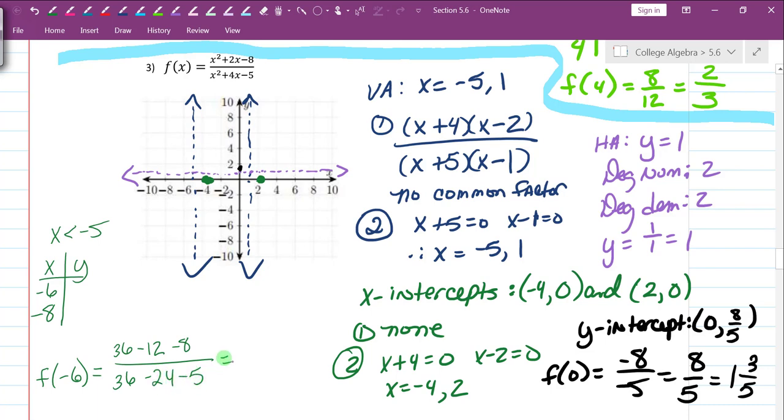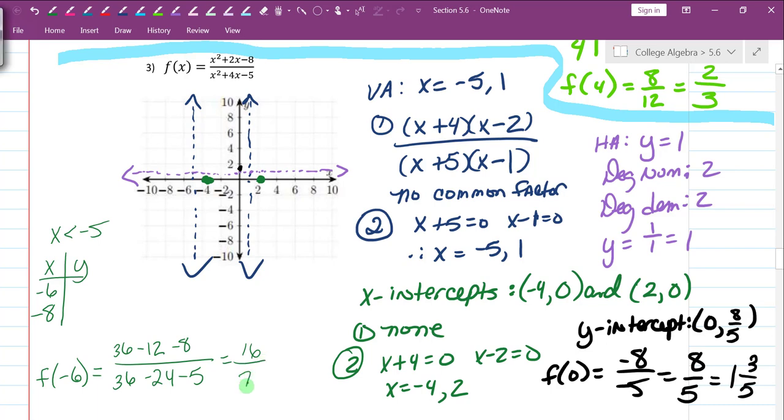My brain is pretty tired, so I am going to punch this in my calculator. 36 minus 12 minus 8 gives me a numerator of 16. And then my denominator is going to be 36 minus 24 minus 5, which is 7.